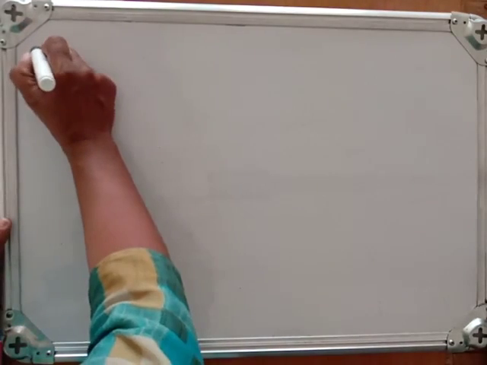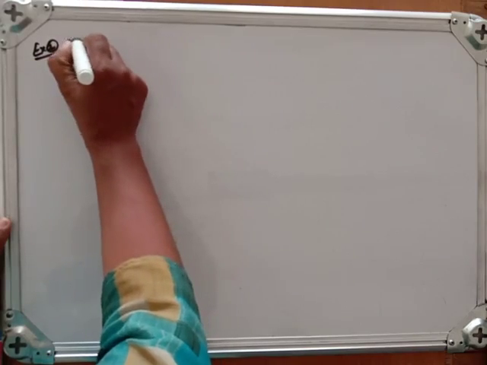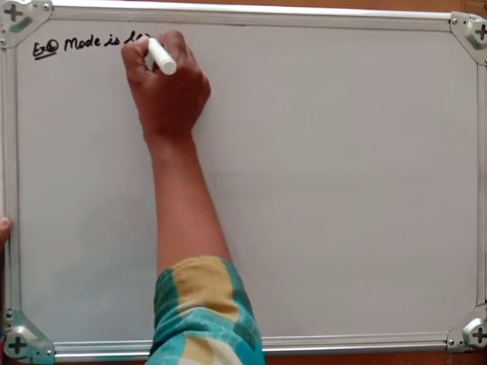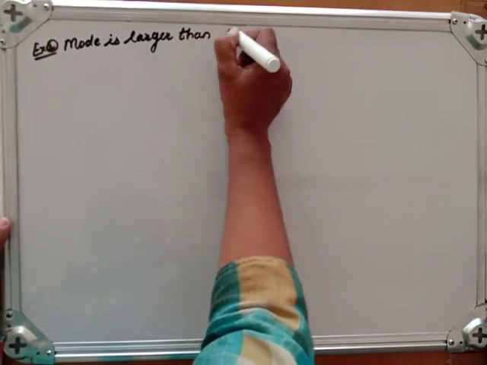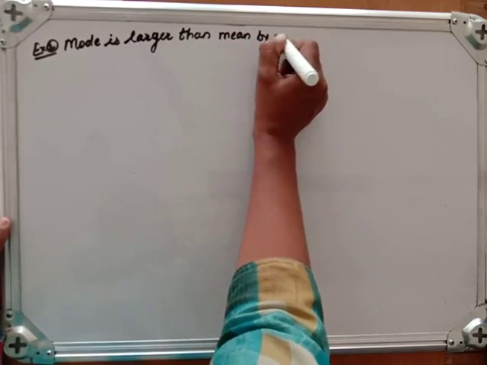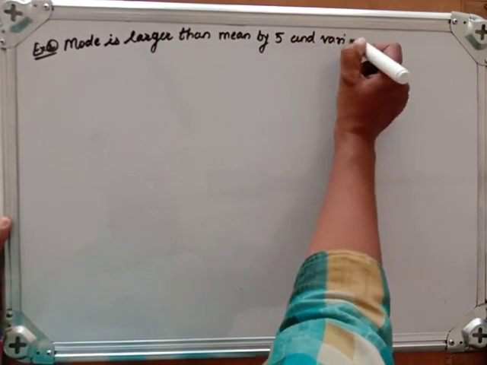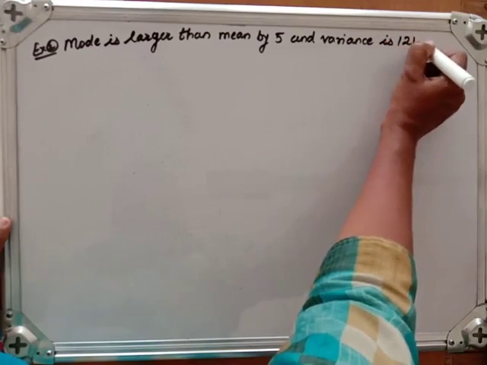Now the next question, a similar kind of second question. Mode is larger than mean by 5, and variance is again 121.